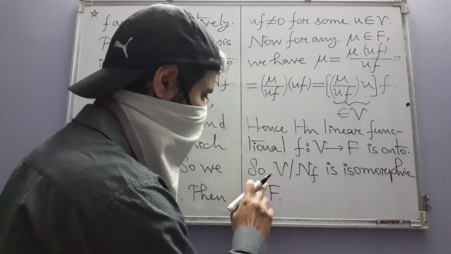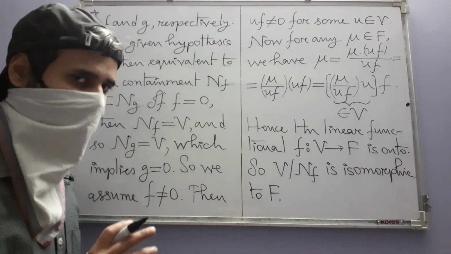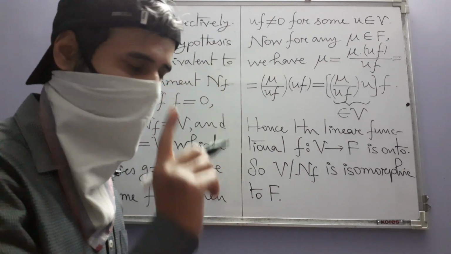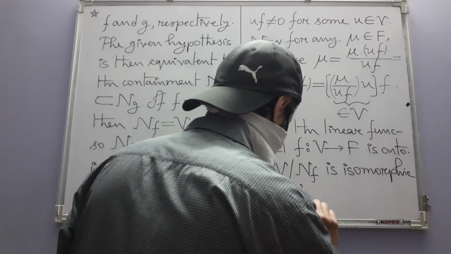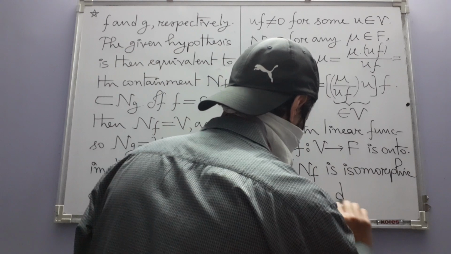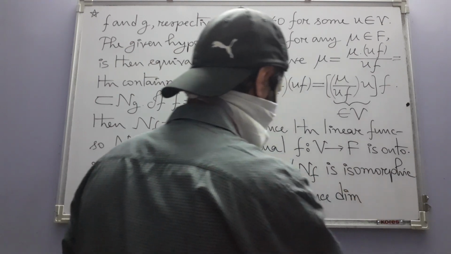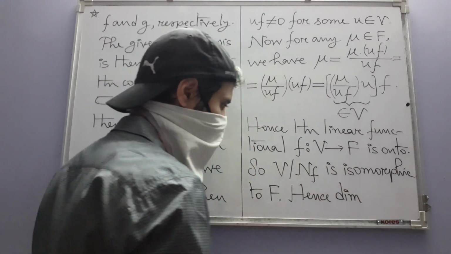And F itself is a vector space over itself, and its dimension is 1. This we already know. Hence, the dimension of this will also be 1.